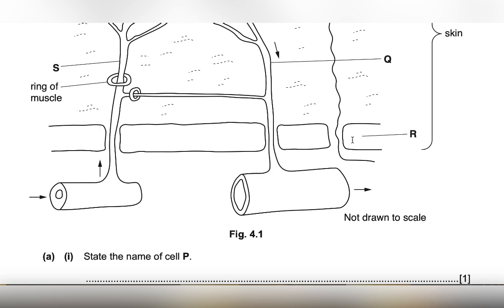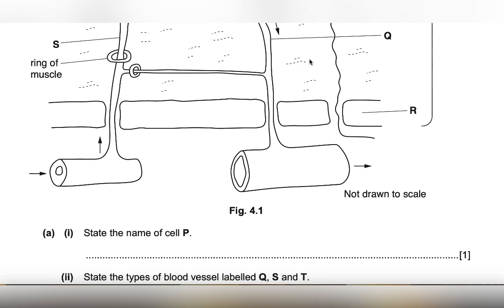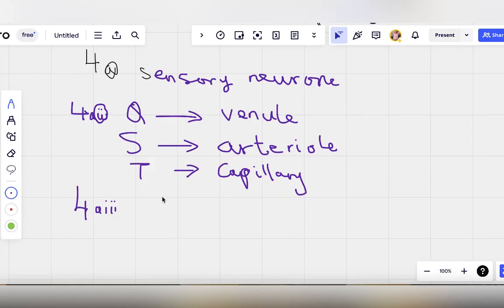Fatty tissue. Anything that provides insulation in our skin is fat. So you can write fat or fatty tissue. Insulation means that it prevents heat loss. So for Roman figure 3, we write fat or fatty tissue.